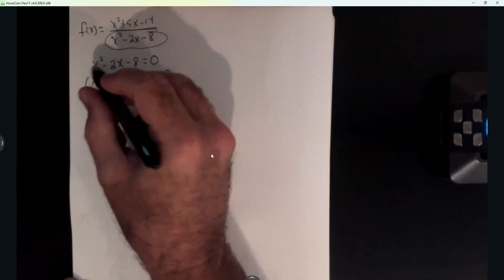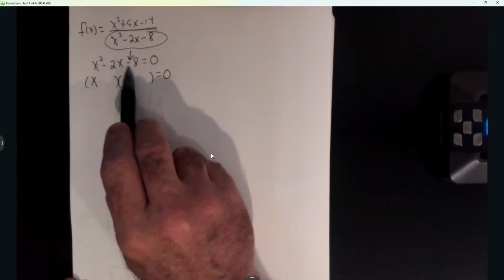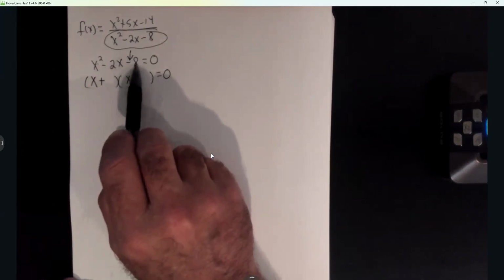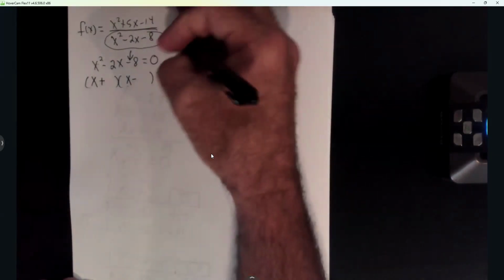All right, also I'm going to factor. x squared is an x and an x. The last number is negative. Anytime this last number is negative, you're going to have unlike signs. One factor is positive, one factor will be negative. Now, since it's negative, I want factors of 8 that subtract to give me 2.